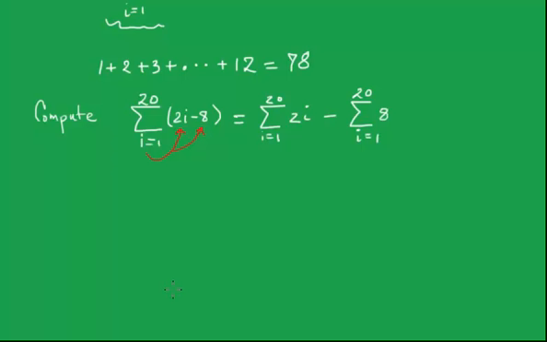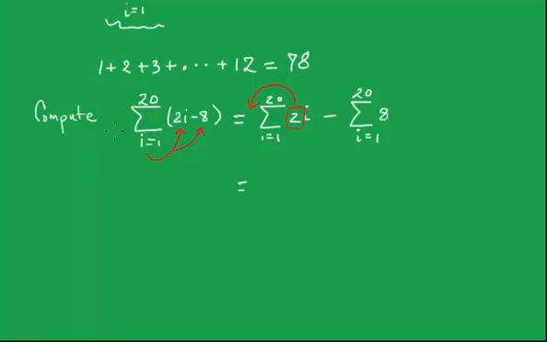Now, the second property of the linearity of sigma is that if you have an expression that multiplies i, the counter, in this case, so for example, here we have 2 times i, you can bring that 2 to the front.